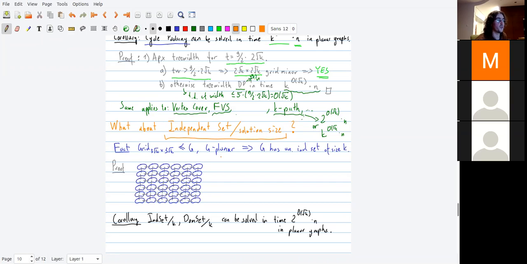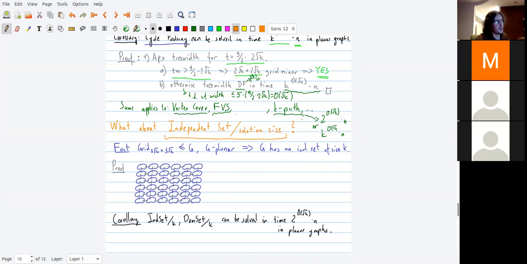Yeah, and then you need to argue that if you have a square root k times square root k grid, then you will have an independent set of size k. So you will have a yes answer. Yeah. And this is not entirely clear from the beginning.